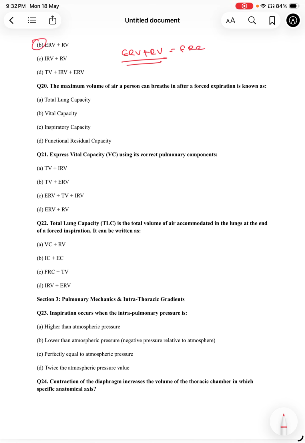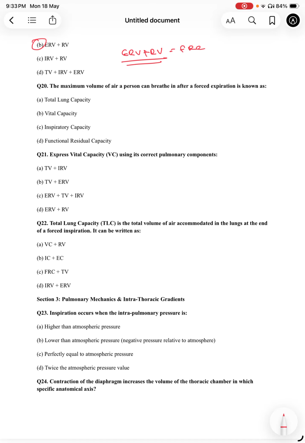The maximum volume of air a person can breathe in a forced expiration is known as... This is a direct answer. It basically means vital capacity. So, what is vital capacity?